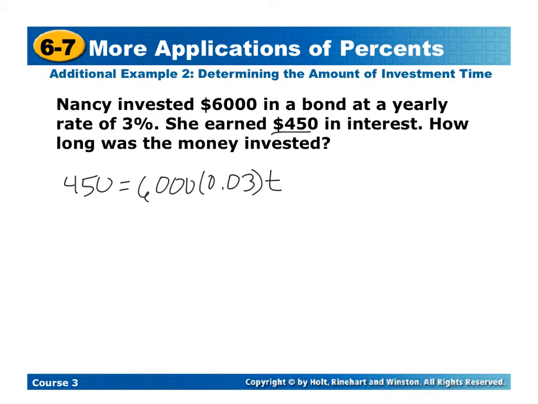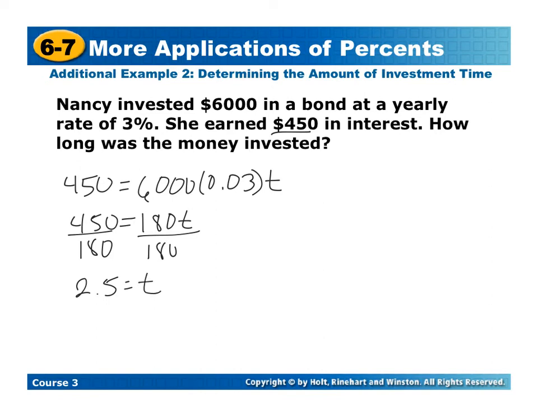I'm going to take my 6,000 and multiply it by the 3%, which gives me 180, so 450 is equal to 180 times t. Since it's 180 times t, I'm going to divide by 180. And I get 2.5 is equal to t, so it would be 2.5 years.